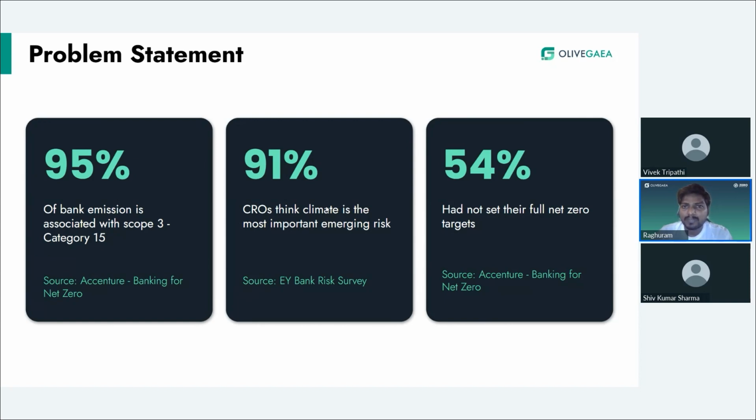About 91% of bank chief risk officers have said that climate is an emerging risk for their bank portfolios, so it can have an impact on bank asset levels and bank returns. And further to that, 54% of banks have not set their net zero target at all.